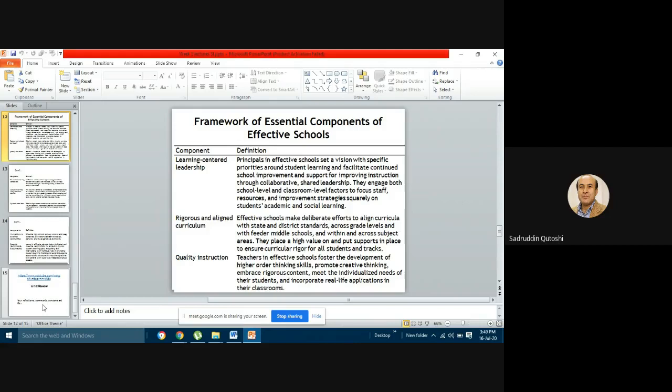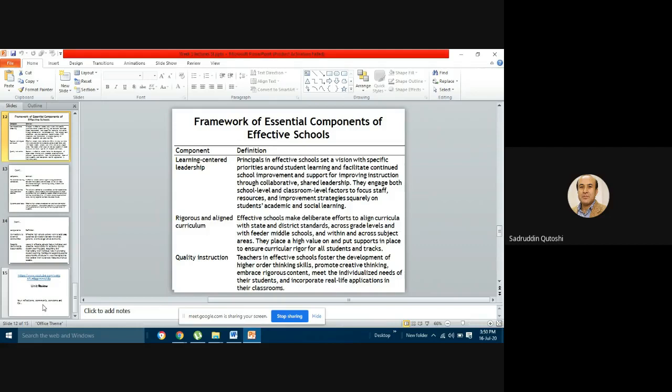Another, second component is rigorous and aligned curriculum. As earlier we discussed thoroughly, there are different types of curriculum. So we have talked about very traditional curriculum, modern curriculum, and post-modern curriculum.